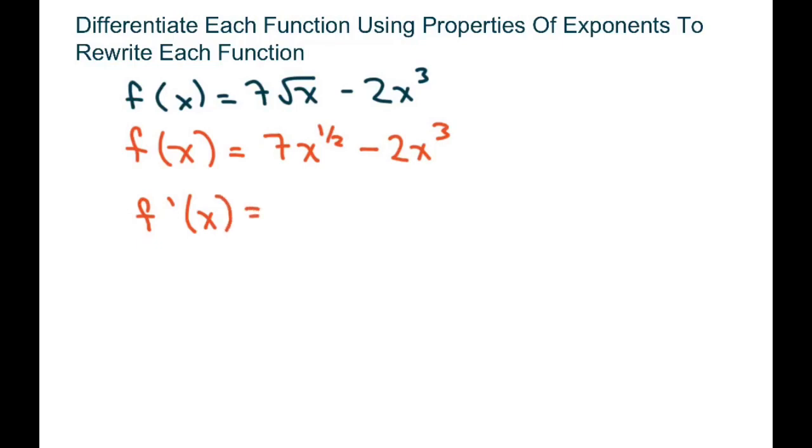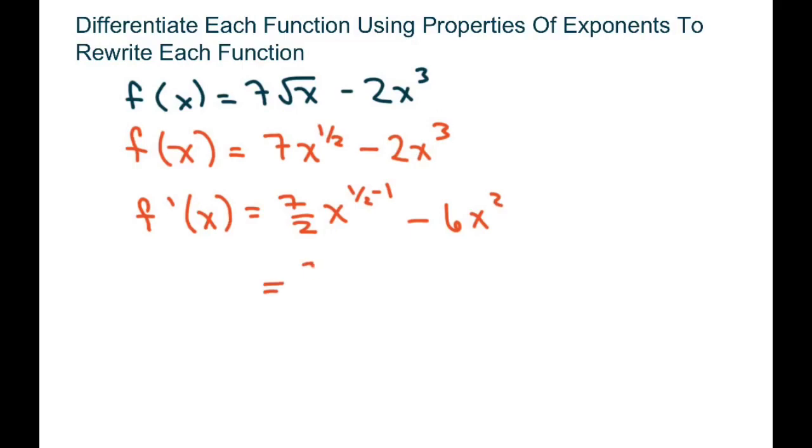you're going to get 7/2 x, and then you're going to take 1/2 minus 1, minus 6x squared.